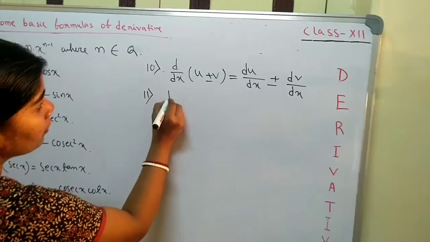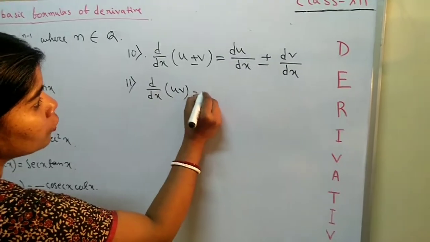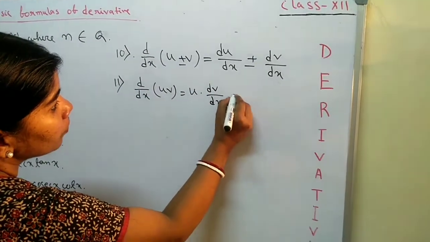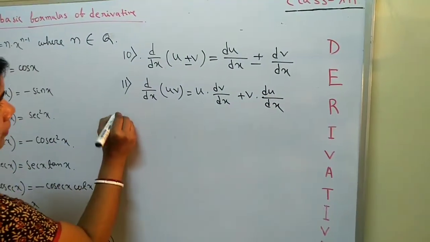Number 11: d/dx of uv equals u into dv/dx plus v into du/dx.